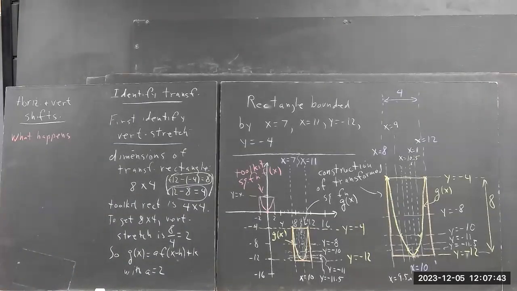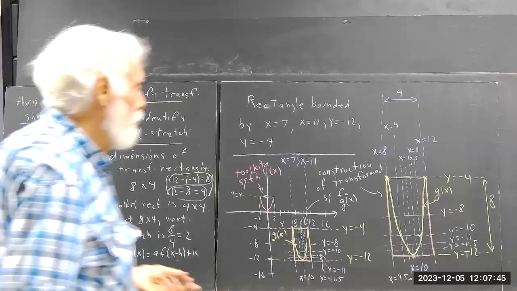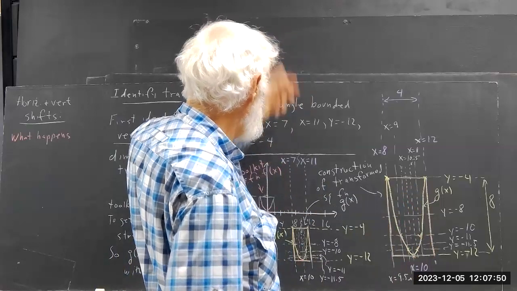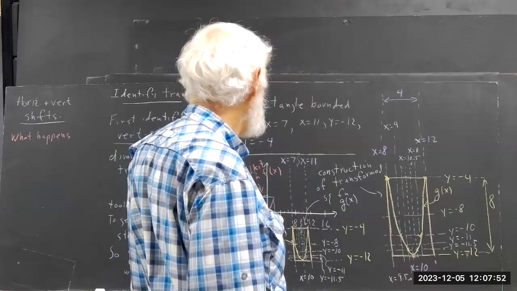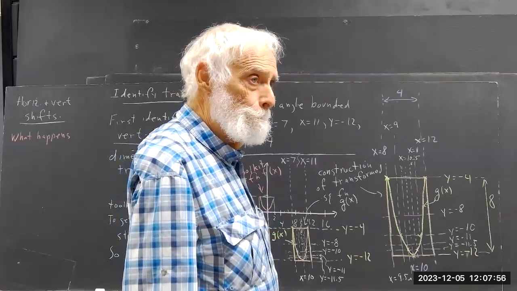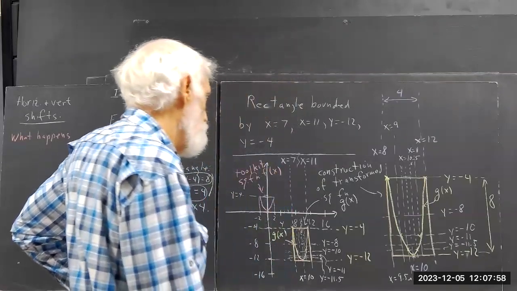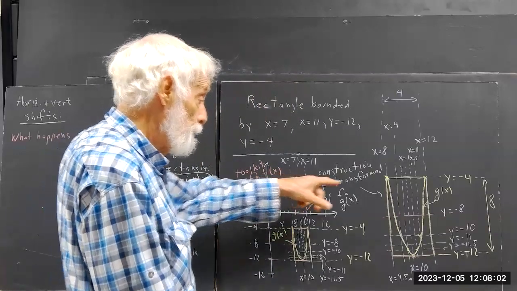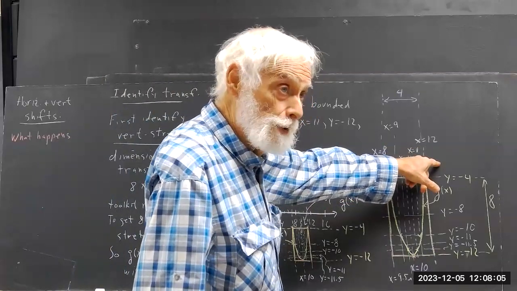Okay, now I ask you what's the horizontal and vertical shift, and people are looking at the x equals 8 line and the x equals 12 line, and oh no, whoa. It should be x equals 7 and x equals 11, isn't it? Here I've got x equals 8 and x equals 12.